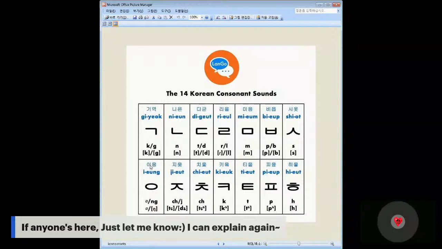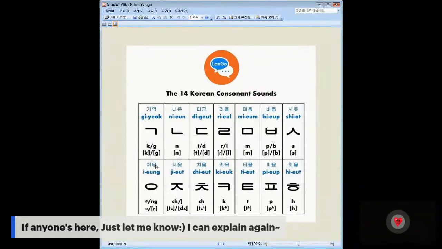But for one complete syllable, we need at least one consonant and one vowel. That's why we put this silent consonant here, just to fill the space.